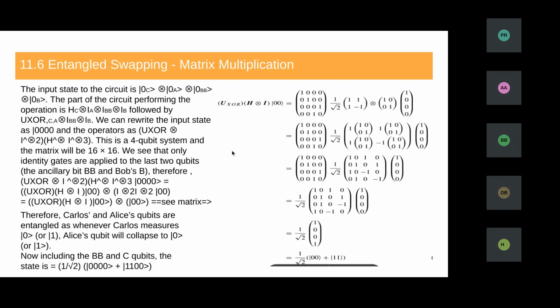To simplify, he doesn't want to show all the 16. He's only showing the ones which are in the lower end of it, because at the end of it, he's calling Carlos. So he's bringing Alice, Bob, and Carlos, and then Carlos and Alice qubits are entangled, as whenever Carlos measures 0 or 1, Alice qubit will collapse to 0 or 1.